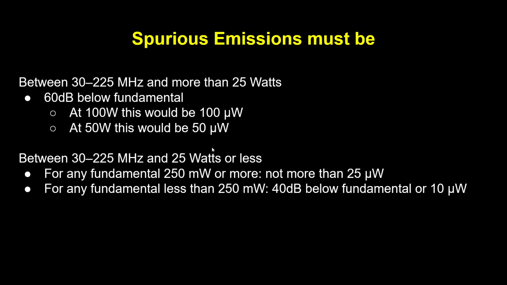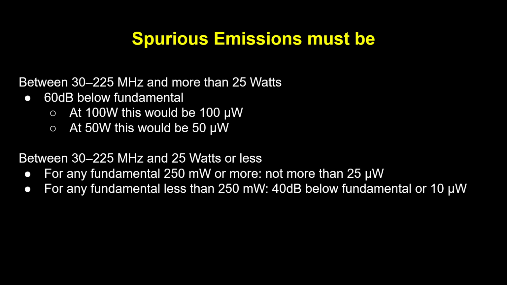So what that really means is, if you are between 30 and 225 MHz and run more than 25 watts, then you need to be 60 dB below the fundamental. So at 100 watts, that would mean 100 microwatts, and at 50 watts it would mean 50 microwatts.